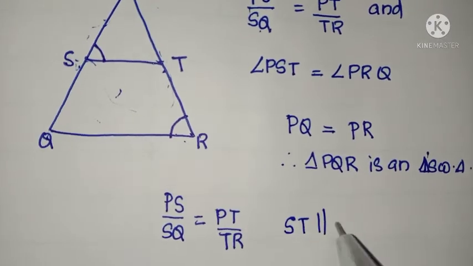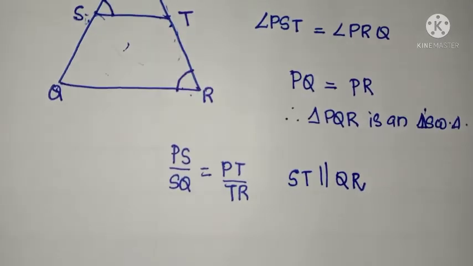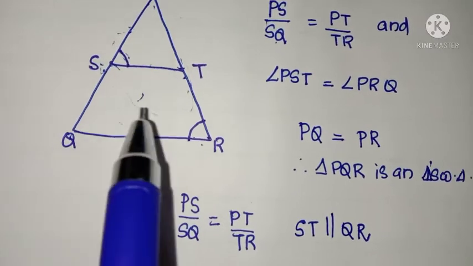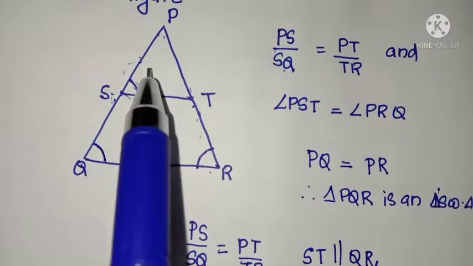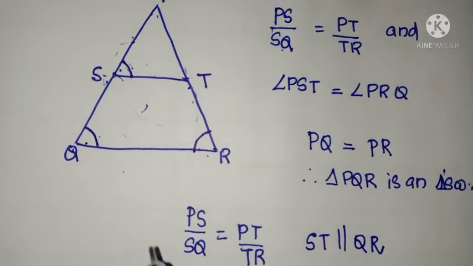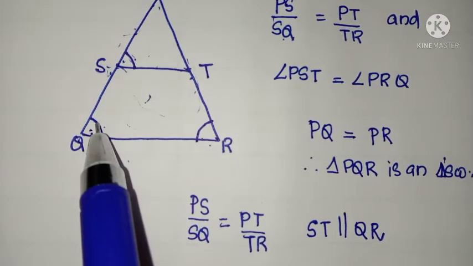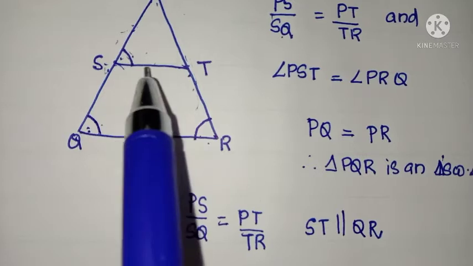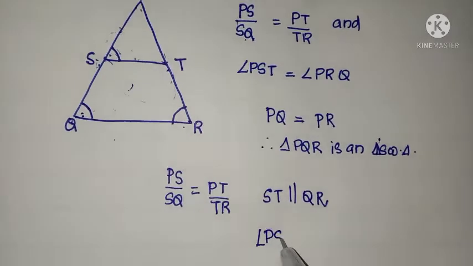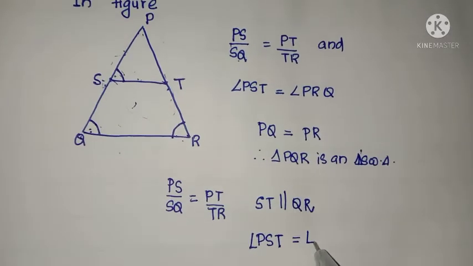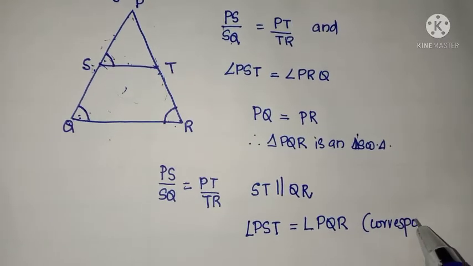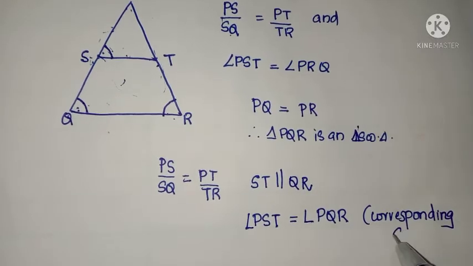Now, if these two lines are parallel, then what about angle S and angle Q? Angle PST and angle PQR are corresponding angles, isn't it? Yes, because ST is parallel to QR. So angle PST is equal to angle PQR because corresponding angles are equal.